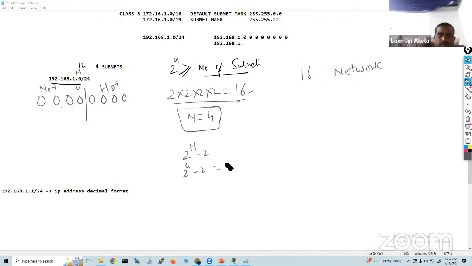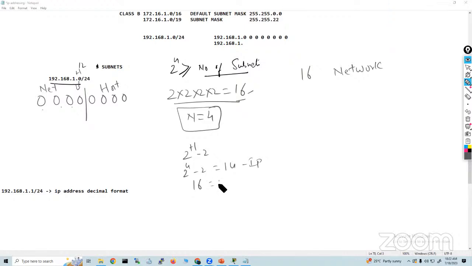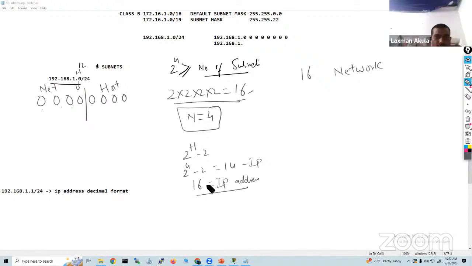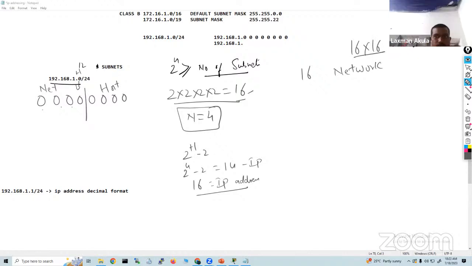Actually it is 16 IP addresses, but 2 are reserved for broadcasting and multicasting. If you calculate 16 into 16, how much will it become? 16 sixes are 256, correct, right? Yes, sir.